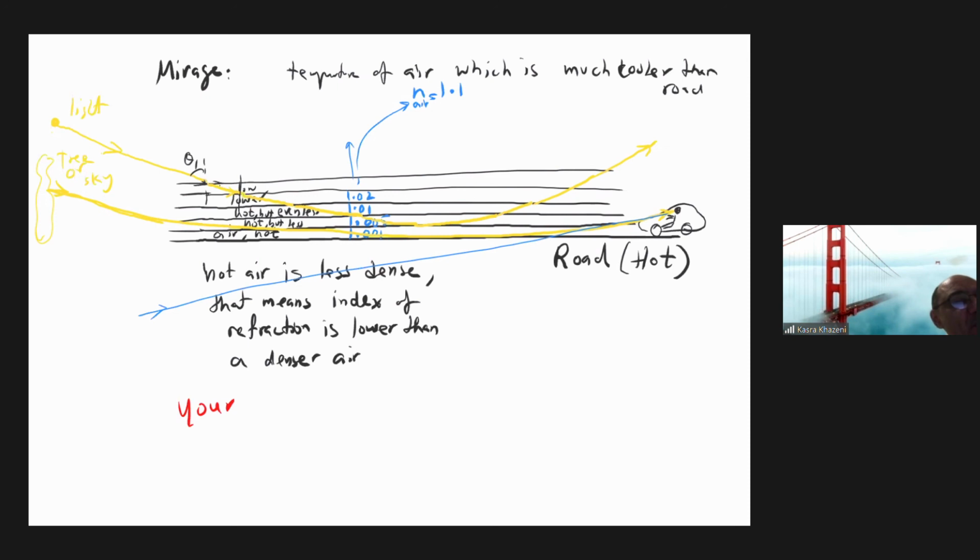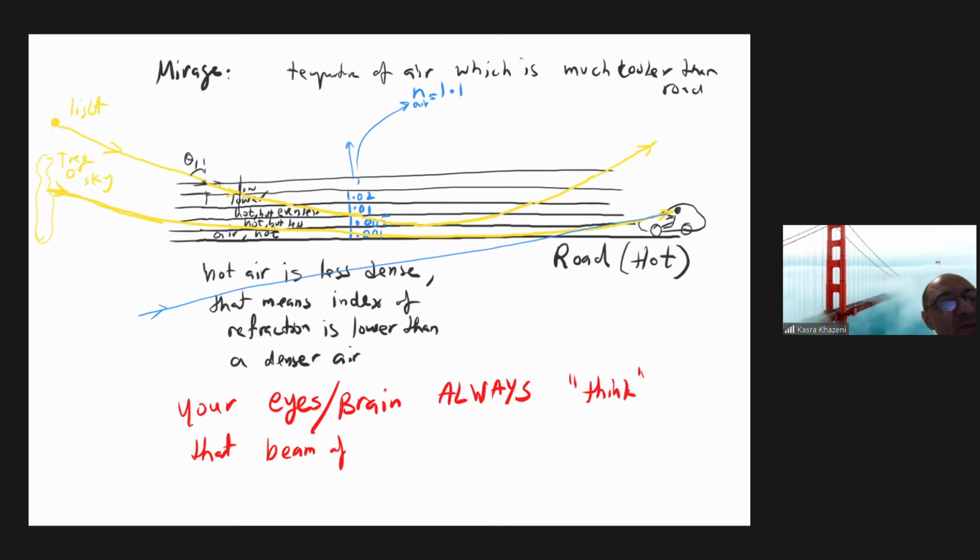Your eye plus brain always think that beam of light came directly from the object.